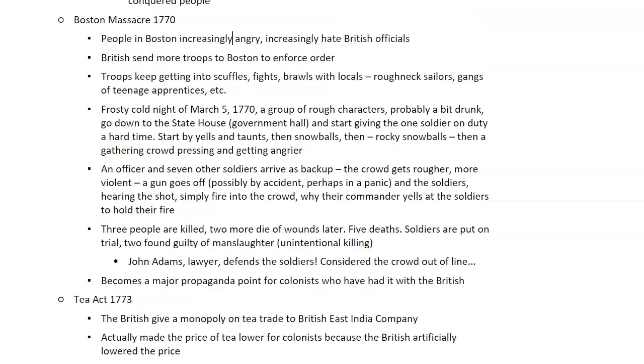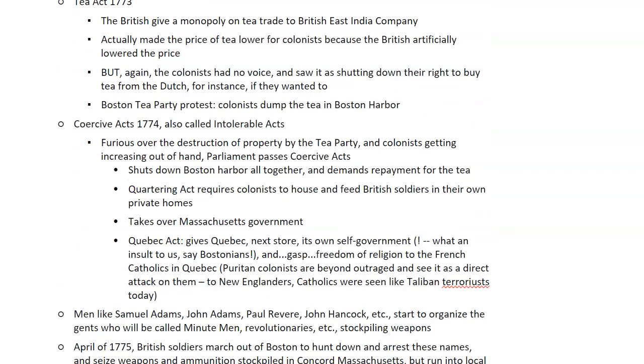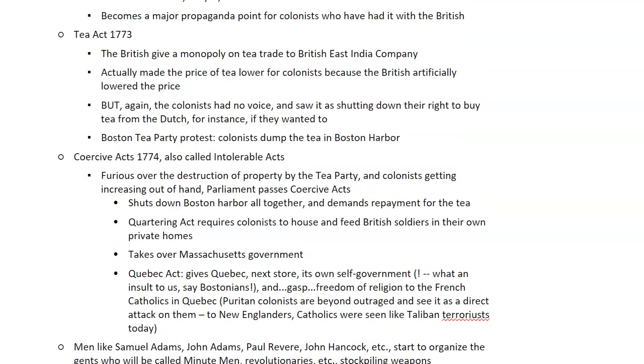Okay, after the Boston Massacre, that's 1770. 1773, you get, famously, the Tea Act. The British think they're going to cut the colonies a kind of break. So they require a monopoly on the tea trade to the British-owned British East India Company.